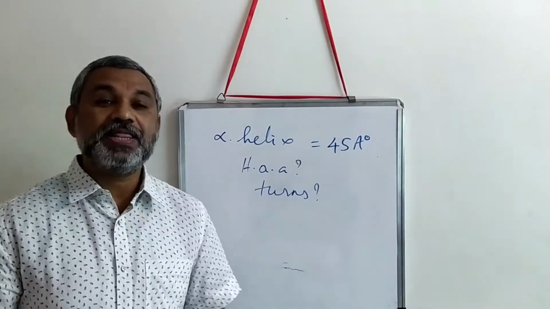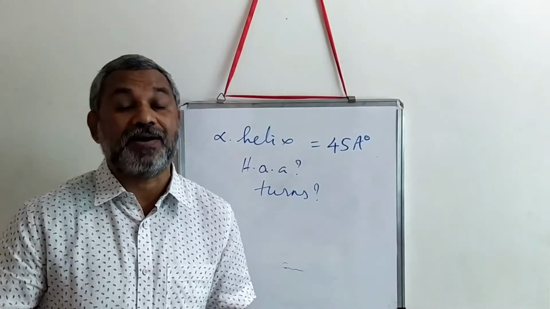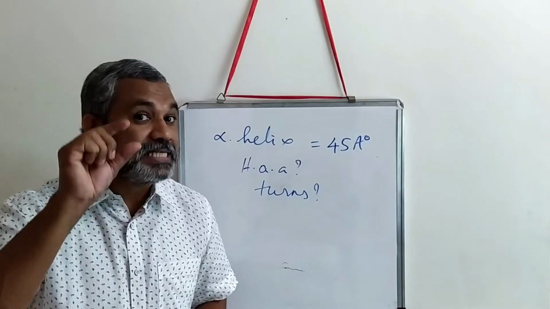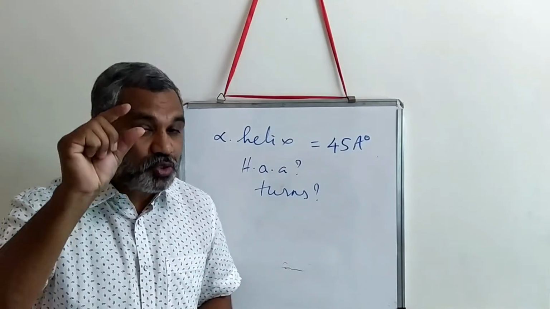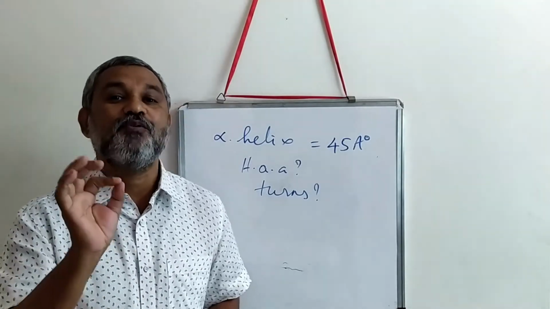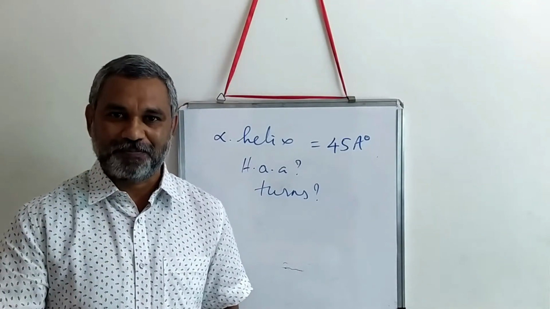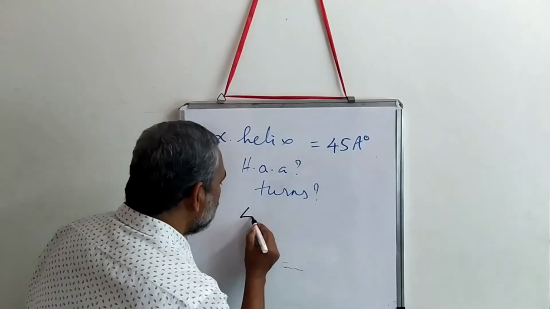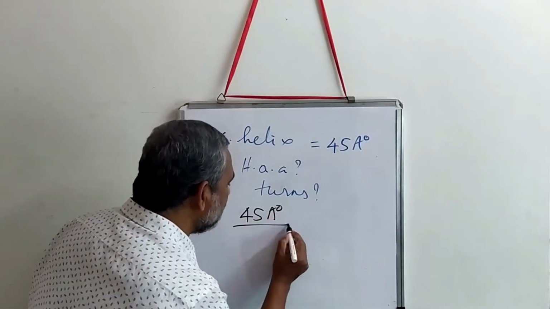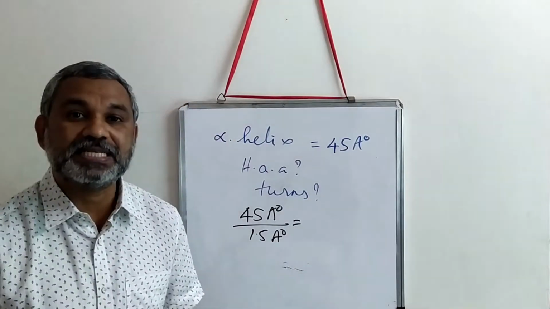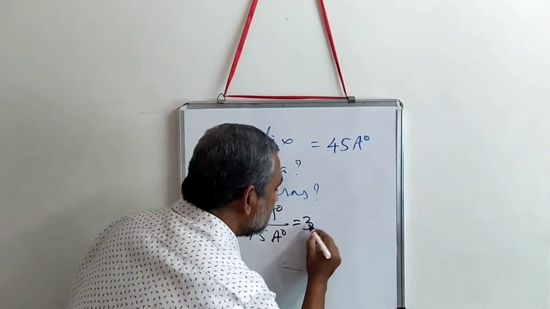So assume that the length is 45 Angstrom. We know that the distance between 2 amino acids is 1.5 Angstrom. So 45 Angstrom divided by 1.5 Angstrom will give us a value of 30.